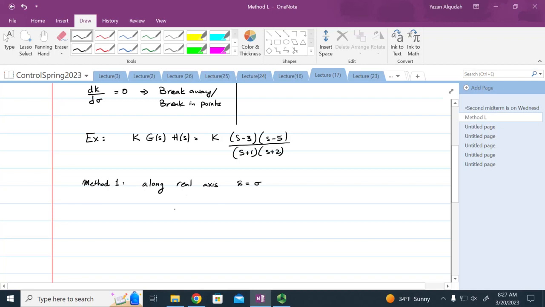So therefore, I can write that k multiplied by (sigma minus 3) multiplied by (sigma minus 5), divided by (sigma plus 1) multiplied by (sigma plus 2), which is equal to k multiplied by (sigma squared minus 8 sigma plus 15) divided by (sigma squared plus 3 sigma plus 2). This is equal to negative 1.